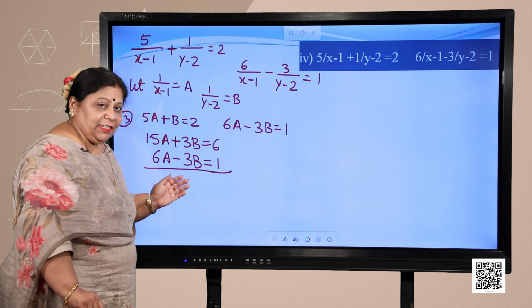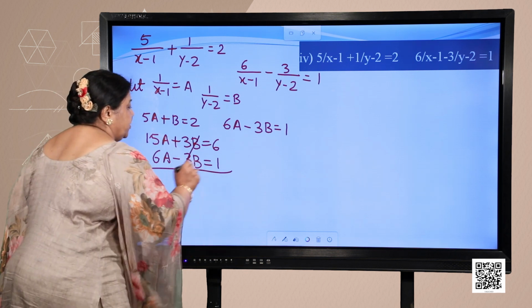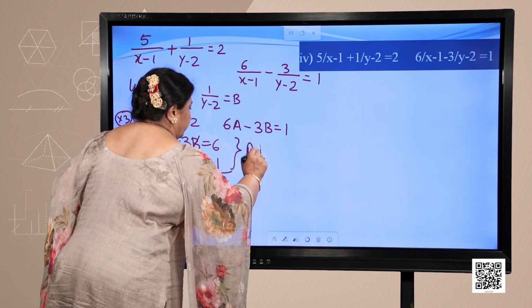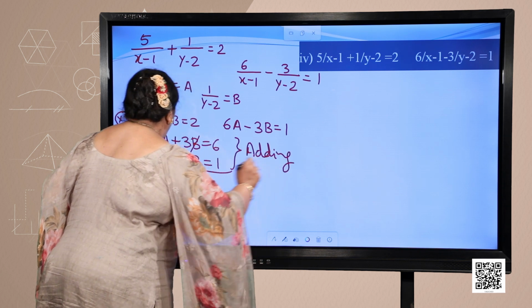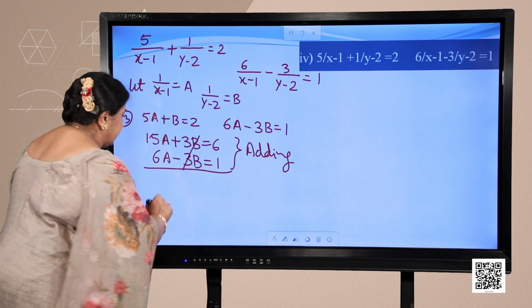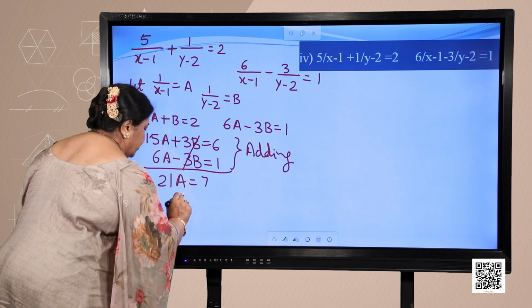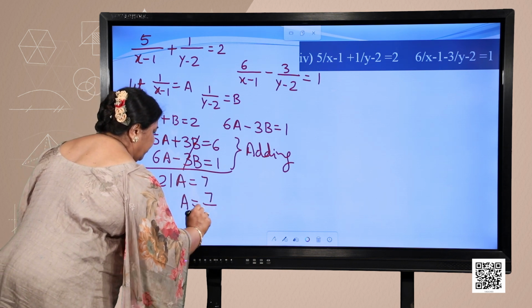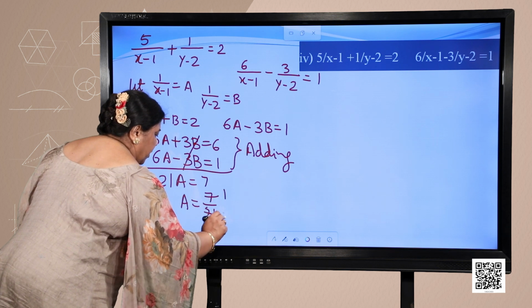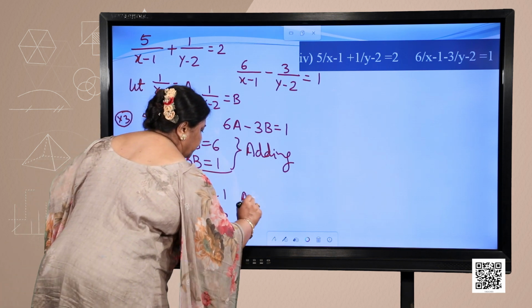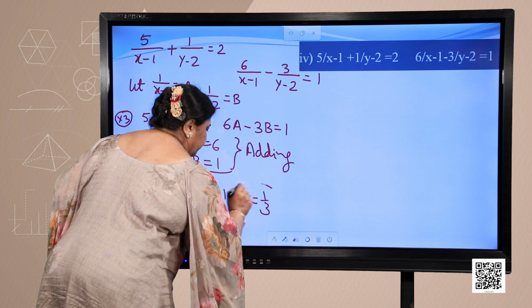We have opposite signs, so we will add them. So, on adding, what is 15 plus 6? Yes, 21a is equal to 7. So, a is equal to 7 upon 21. So, I get the value of a as 1 upon 3.